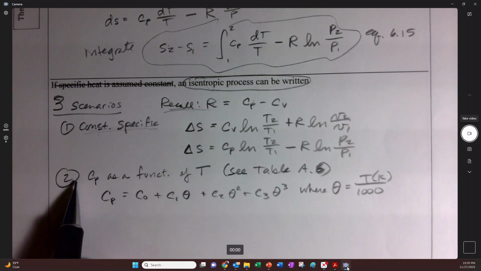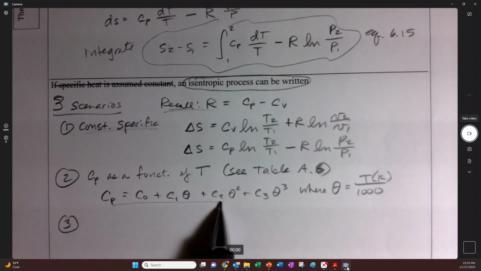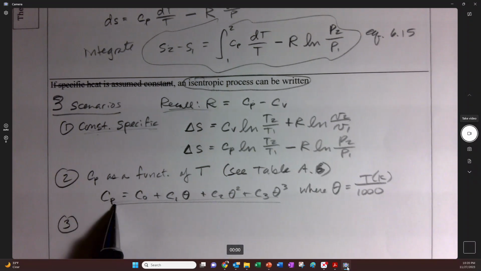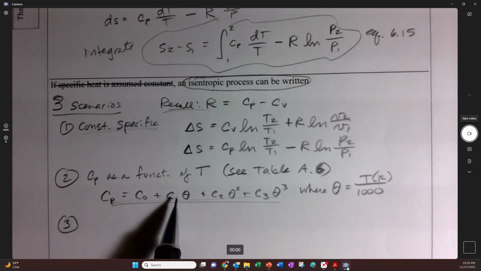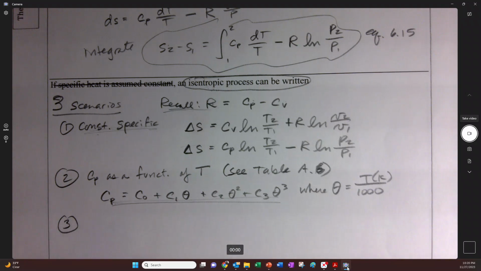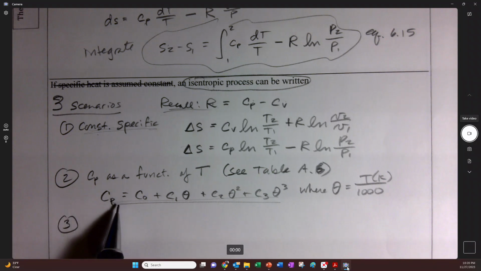Here's something we probably won't do, but we have at least had this pass underneath our nose once, that we have some curve fit approximations of a temperature dependent specific heat for a constant pressure.